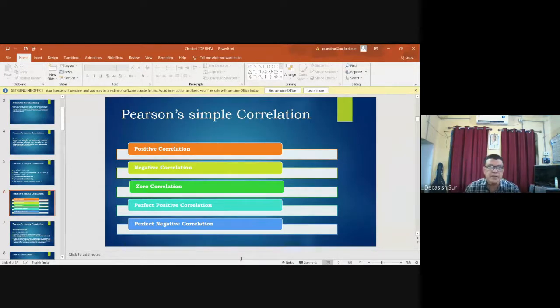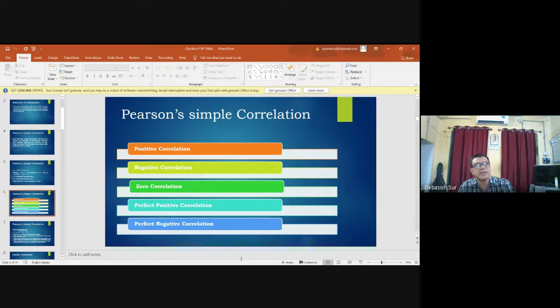That means mathematically a correlation exists between two variables, but there is no cause and effect relationship between them, then the correlation is called spurious correlation or nonsense correlation.